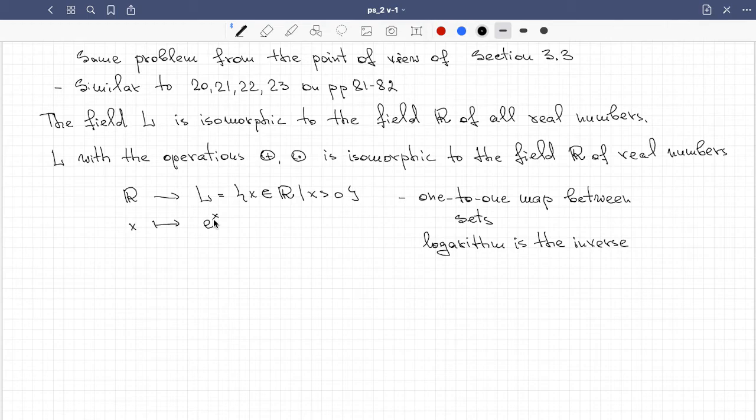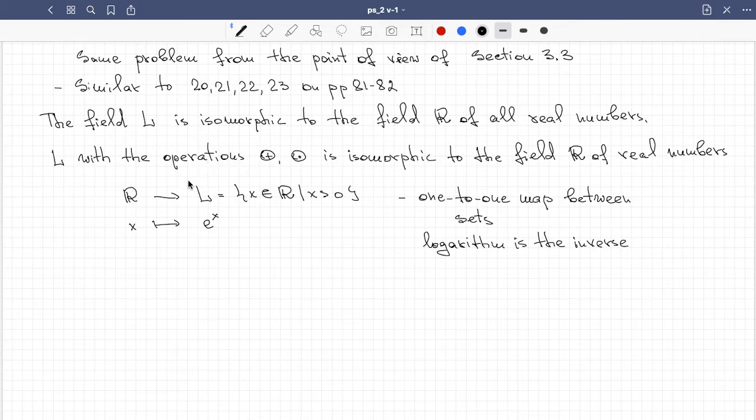Now let us see what this map does with operations. Real numbers have operations. These are addition and multiplication of real numbers. You know about them. Now think about this one-to-one correspondence as kind of relabeling elements of R. Instead of x, you write e to the x.